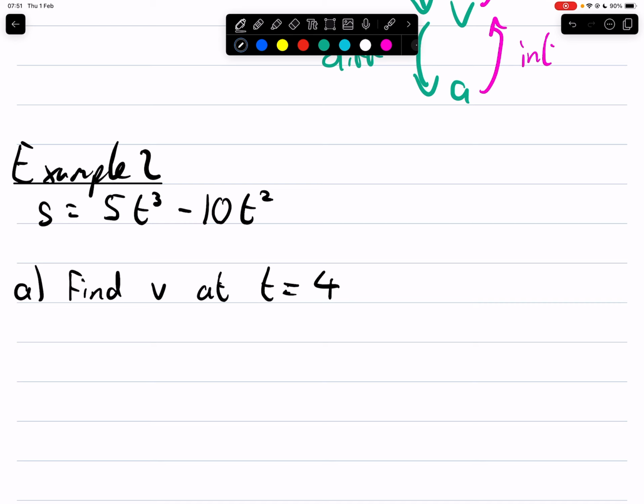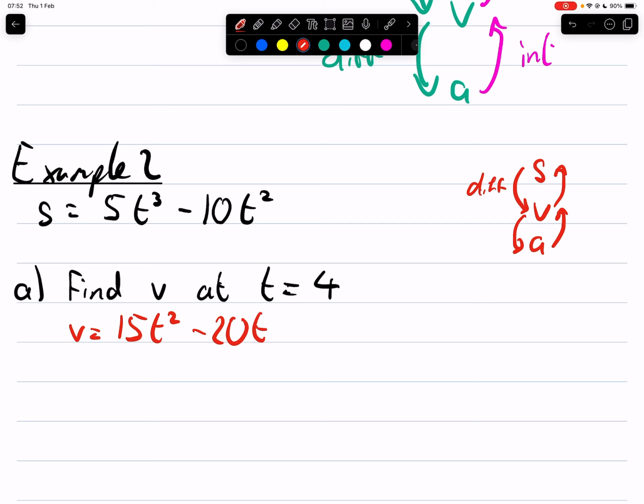So if we're doing that, using that SUVAT rule, we differentiate it. So V would equal 15t squared minus 20t.